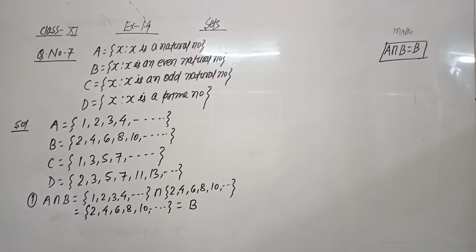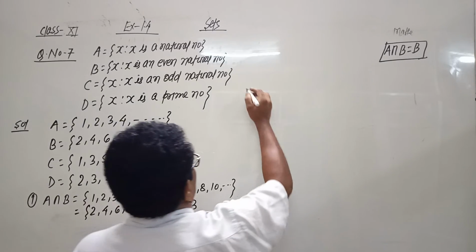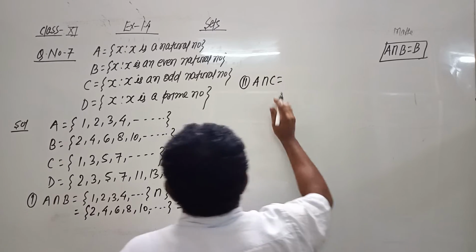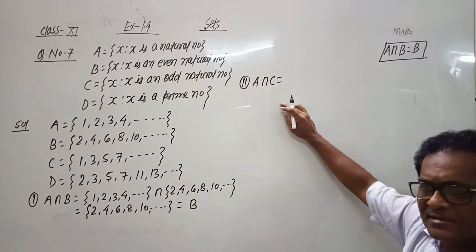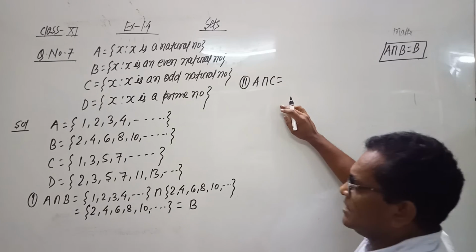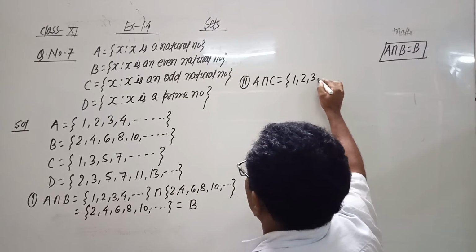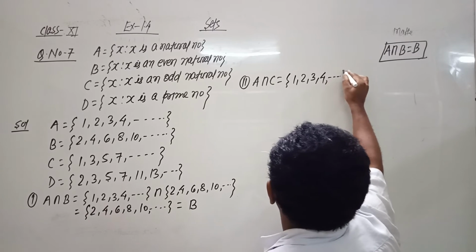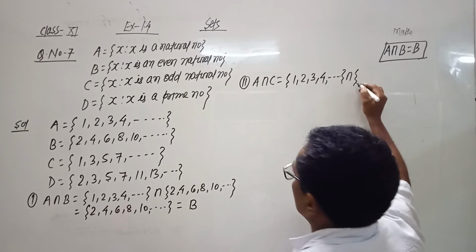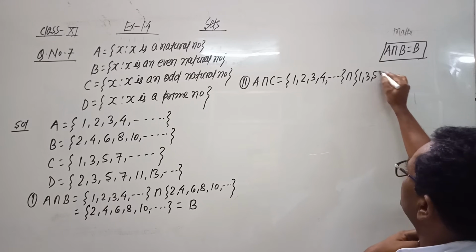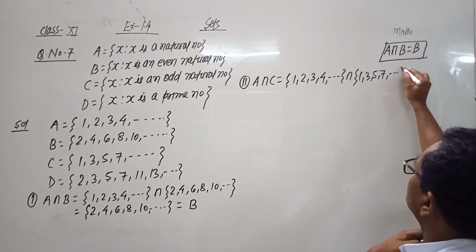Then next we have to calculate A intersection C. It is clear that A intersection C will be C. Set A is 1, 2, 3, 4 and so on, intersection set C is 1, 3, 5, 7 and so on.